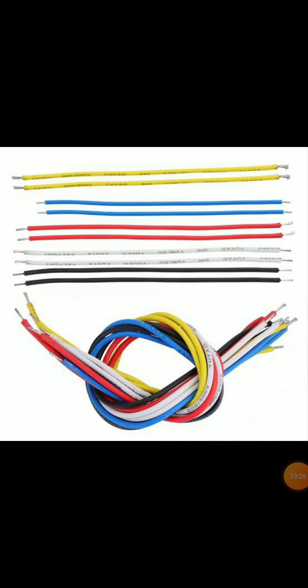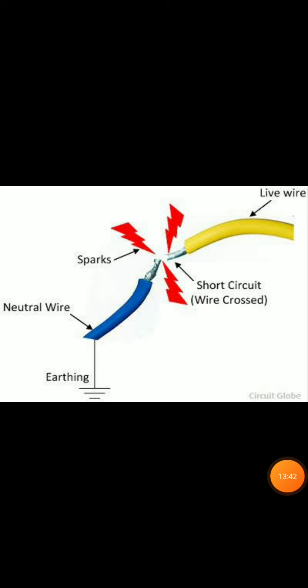As we know, all the electric wires have rubber insulation, right? We have discussed this all in chapter 12. So, if it happens that this rubber insulation is damaged, then the live wire and the neutral wire come into direct contact, or sometimes if there is a fault in the appliance, then overloading can occur.